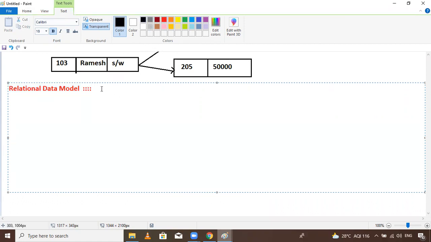In 1970, E. F. Codd, a mathematician, introduced the relational data model.